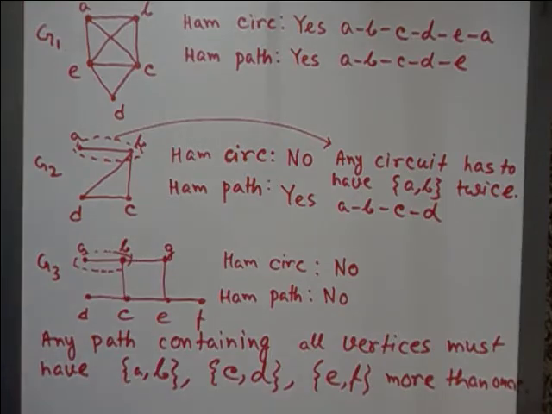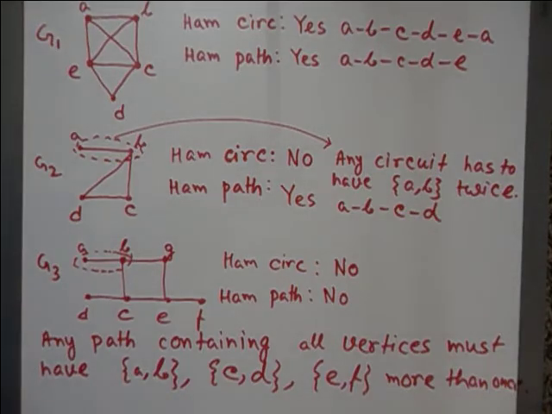Now you are asking, okay, so given a graph, by looking at it, can I tell whether it has a Hamilton circuit or not, whether it has a Hamilton path or not? Do we have a similar theorem, a similar checklist, like the Euler circuit, Euler path? We have a theorem, a checklist. Do we have something similar for Hamilton?